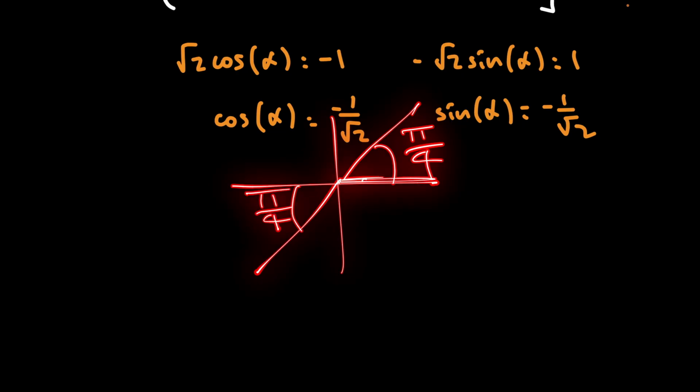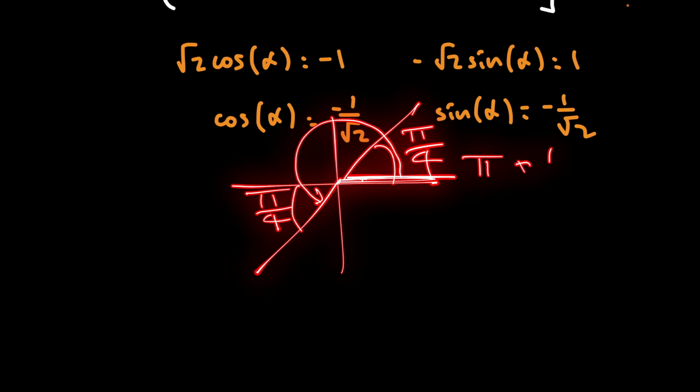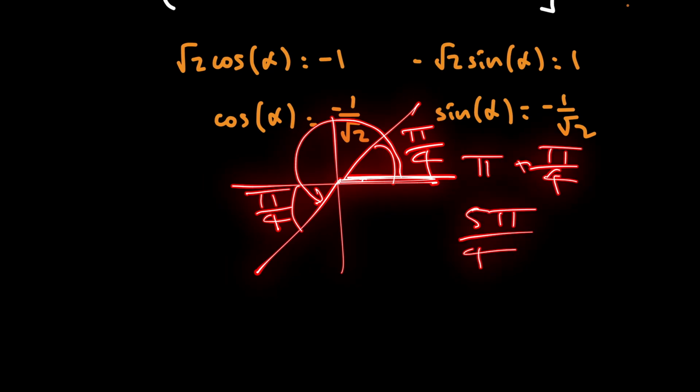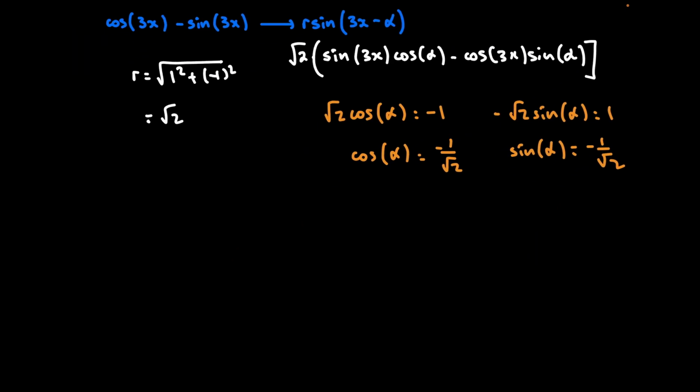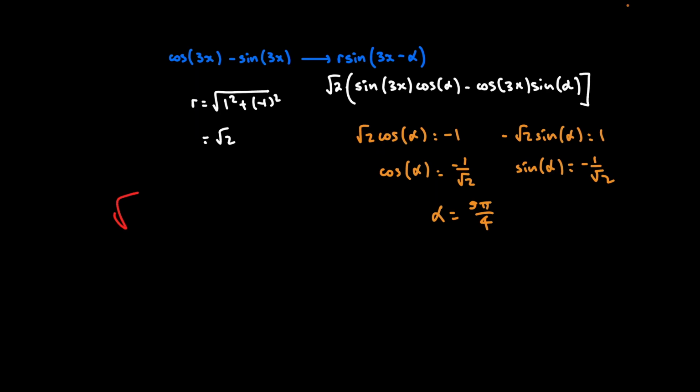So you must be going in this direction all the way around. That's the same as pi plus pi on 4, which is just 5 pi on 4. And that is the value of alpha. So our final answer is just square root 2 sine of 3x minus 5 pi on 4. And that's how you use the auxiliary angle formula.